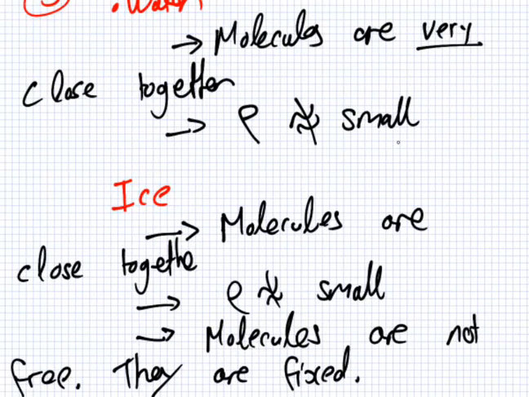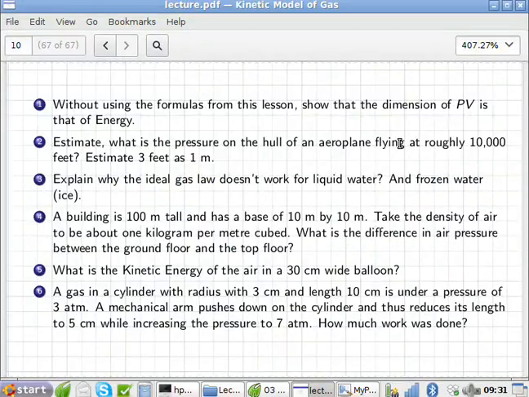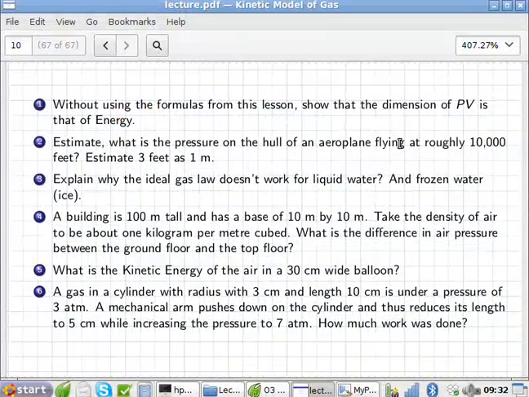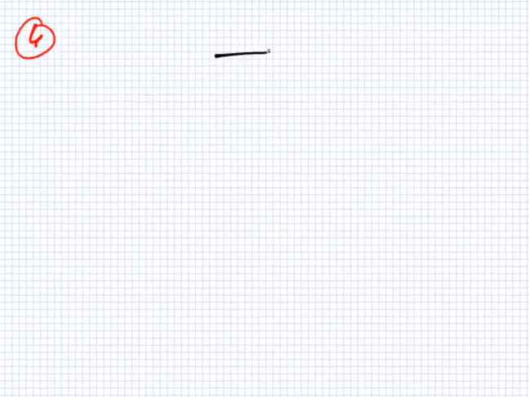Why doesn't the ideal gas law work for water as a liquid and a solid? Firstly, why can you not use the ideal gas law for water? Do you remember with the ideal gas law, the particles must be far apart, not interacting much, occasionally colliding. So why does it not work for water?